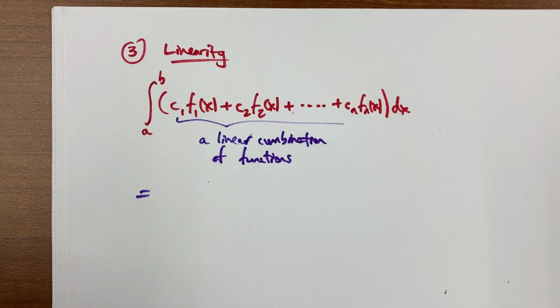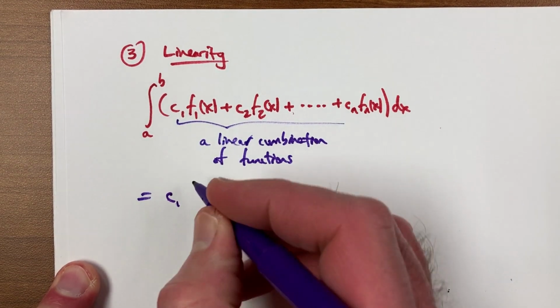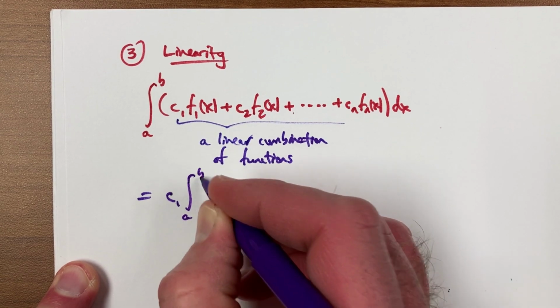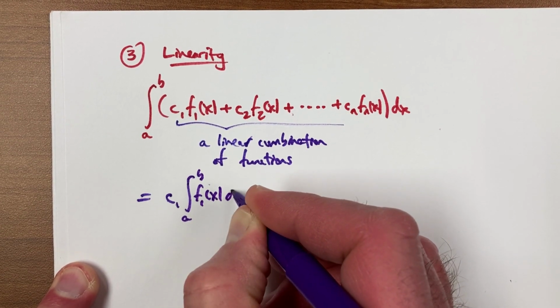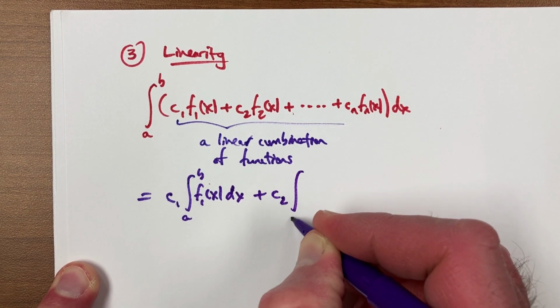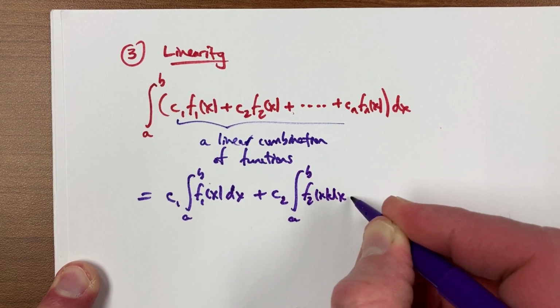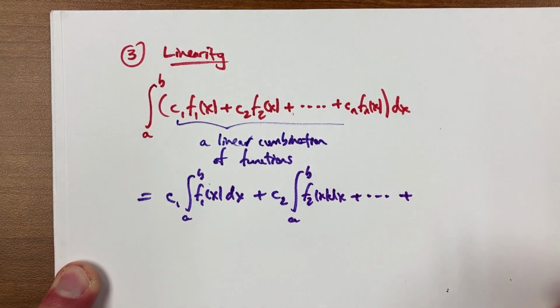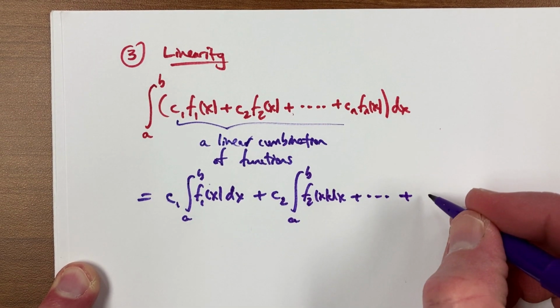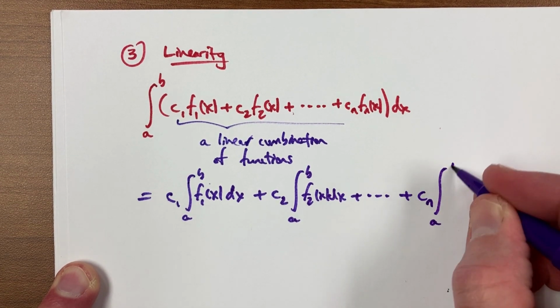In other words, of the integrals of the functions. In other words, it's the first constant, c1, times the integral of the first function, f1, plus the second constant, c2, times the integral of the second function, f2, etc. The pattern continues, is what the dot, dot, dots mean, plus the last constant, cn, times the integral of the last function, fn.